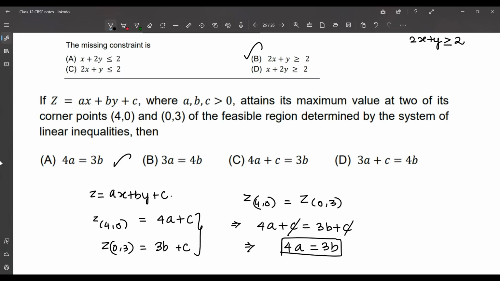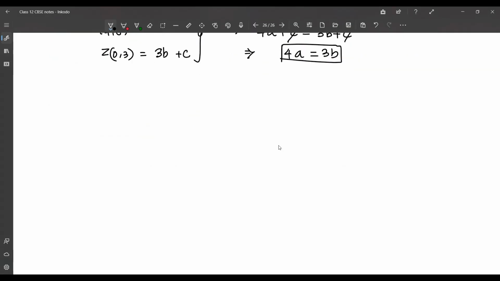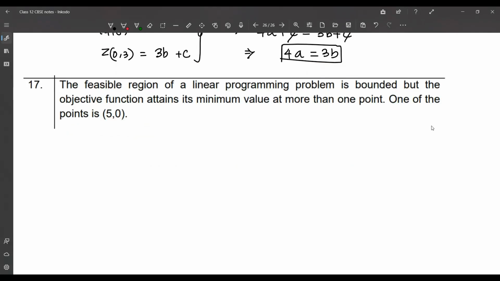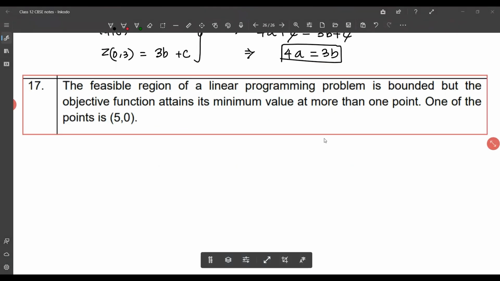Moving on to the 17th question, which is also an LPP question. The feasible region of an LPP problem is bounded, but the objective function attains its maximum or minimum value at more than one point. The graph is given.